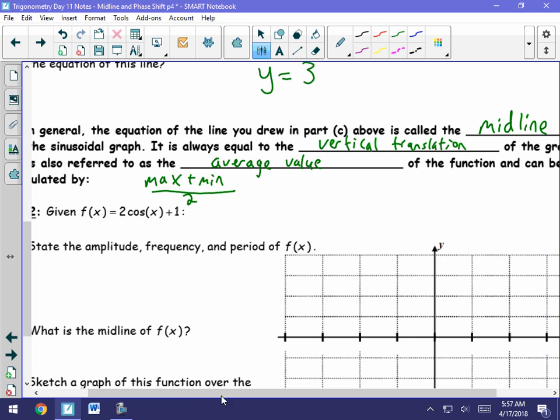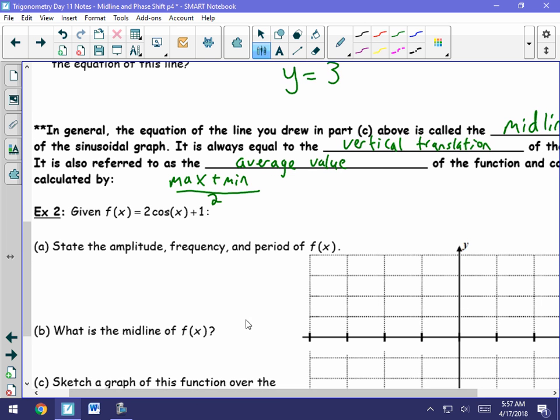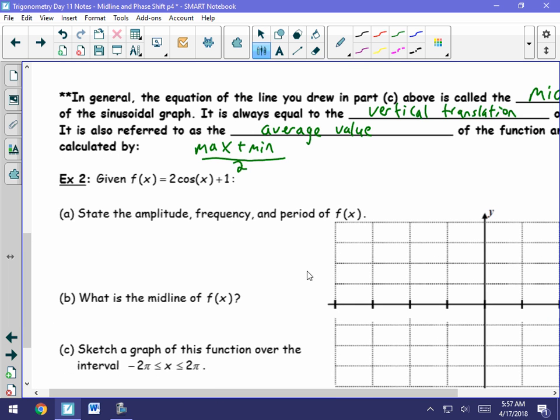Okay, so let's put this to work with a function. 2 cosine x plus 1. So state the amplitude, frequency, and period. So nothing new about that. Looking at our equation, amplitude is the absolute value of that coefficient that's out in front. So the absolute value of 2 is equal to 2.